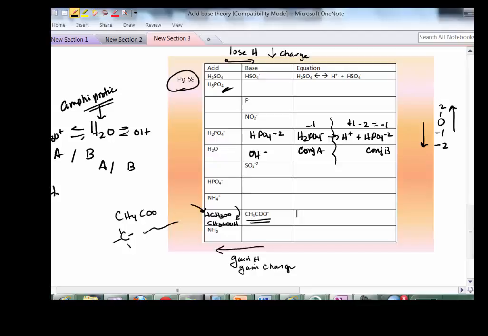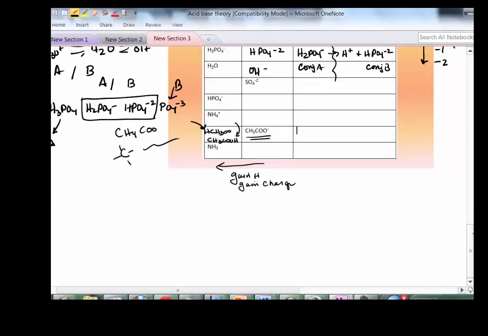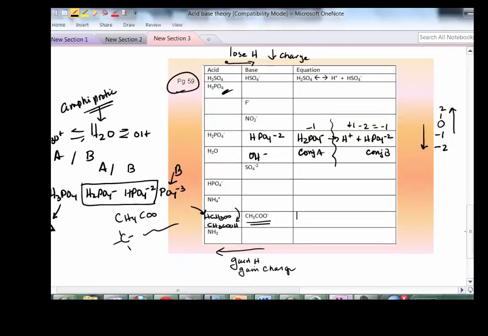For example, H3PO4, H2PO4-, HPO4 2-, and PO4 3-. The two in the middle have the ability to be either an acid or a base, where this one will be a base only and this one will be an acid only. So that's a review of Bronsted-Lowry acids and bases.